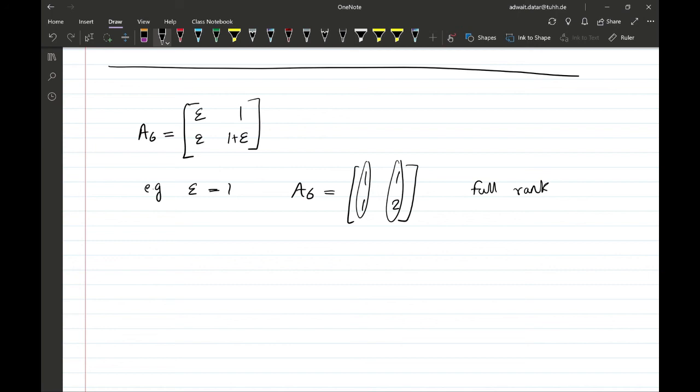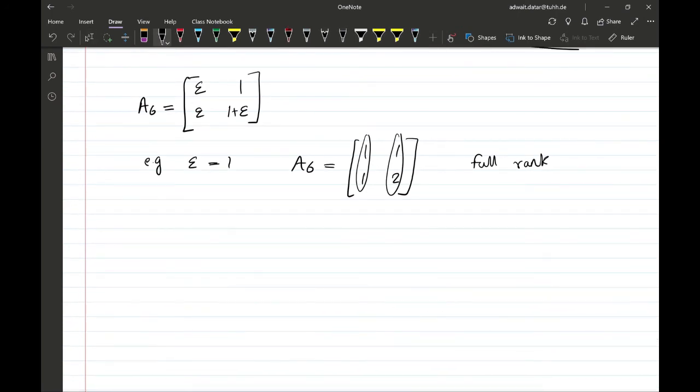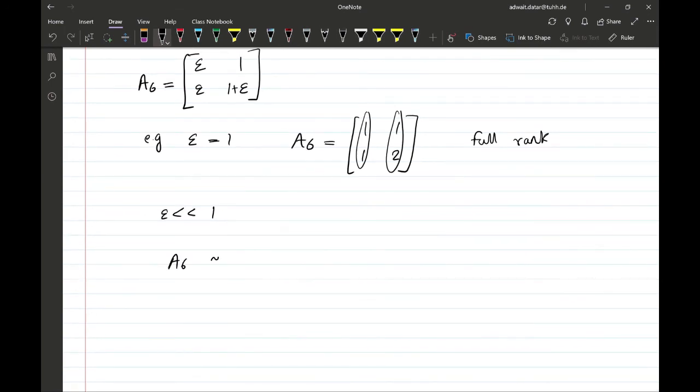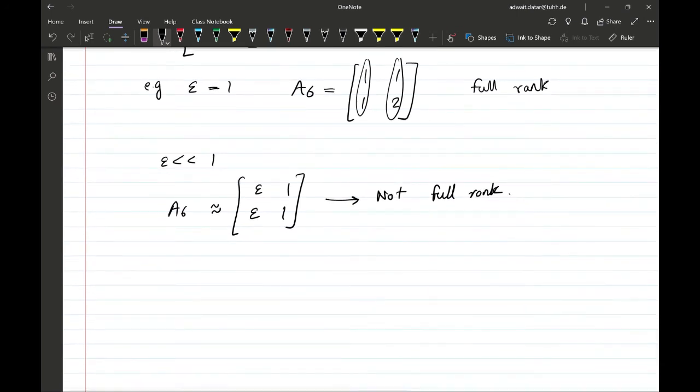So the key here is to observe that for small values of epsilon as compared to 1, A6 is almost equal to the matrix with columns epsilon 1 and epsilon 1, which is not full rank. So what we know is that as epsilon goes to 0, A6 loses rank by 1.